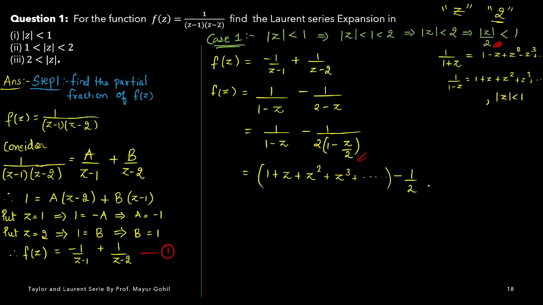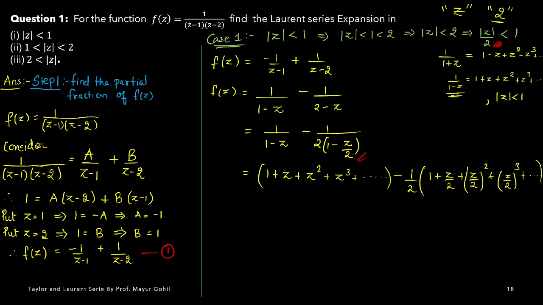Now there is a minus. This 1 by 2 will remain as it is. Now instead of z, I have z upon 2, so just change z with z by 2 in the formula. Here you will have 1 plus z by 2 plus z by 2 the whole square plus z by 2 the whole cube plus and so on. It just goes on expanding.